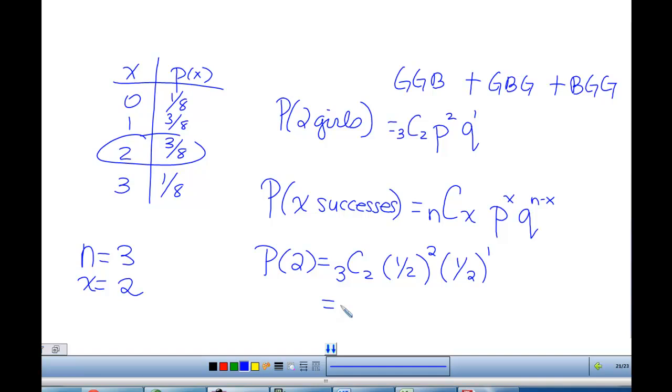Okay, and so we get, somebody already verified that 3 choose 2 was 3, times 1/2 times 1/2 times 1/2, or 1/8, which gives us what? 3/8, which is exactly what we got when we listed out our tree diagram earlier. Okay, but instead of having to do that, now we're going to have a formula that brings us there. All right, so let's look at how we do that in this next example.